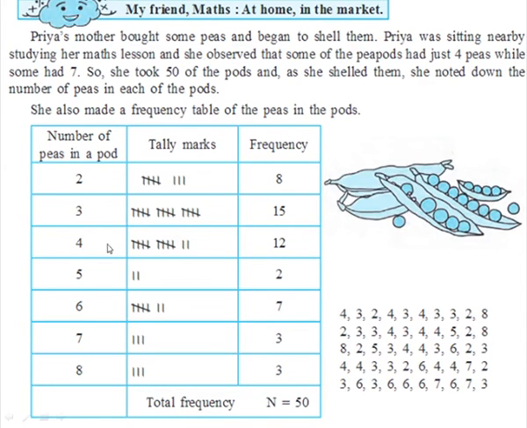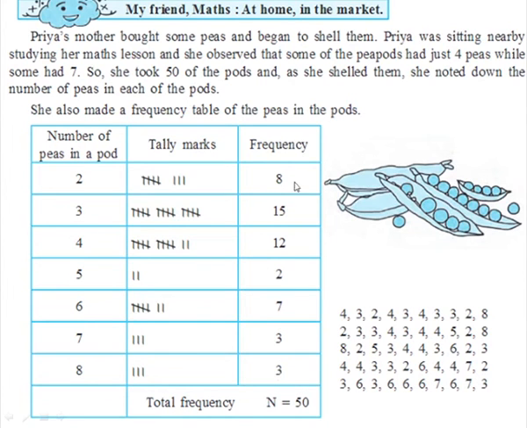Then here the frequency is 12. As you count the number of tally marks, you will get it as 12. Now there are 2 tally marks, therefore the frequency is 2. Here there are 7 tally marks, therefore the frequency is 7. Here there are 3 tally marks, the frequency is 3. Again here there are 3 tally marks, the frequency is 3.